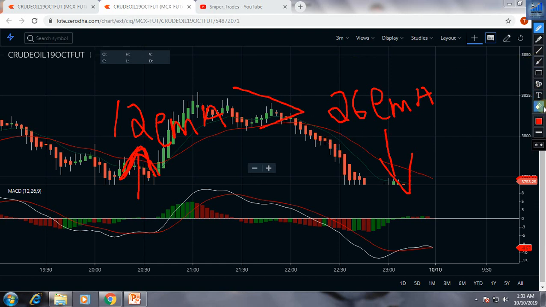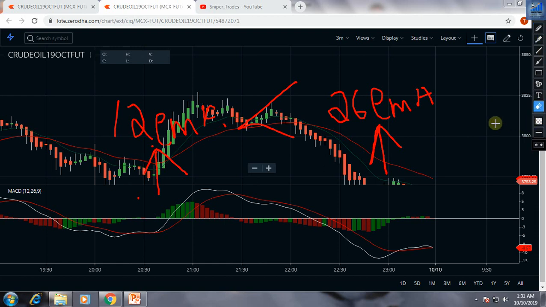Similarly, I'll show you another example. If the 26 period exponential moving average is greater than the 12 period exponential moving average, that is, the slower period moving average is greater than the faster period moving average, it means that 26 days back people bought this commodity at a higher price as compared to recently, 12 days back, when people bought it at a lower price.